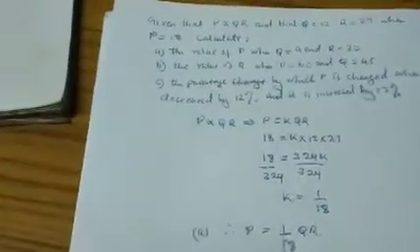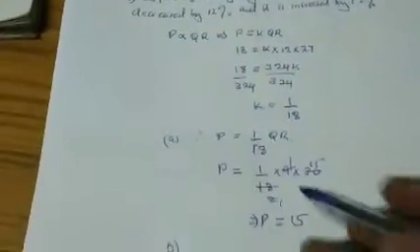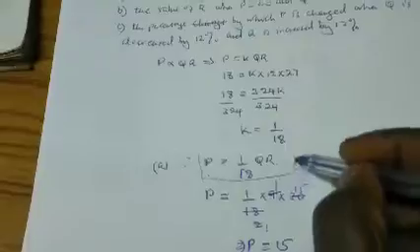Part B, what does it ask? The value of R when P is 60 and Q is 45. So from this equation here, we now make R the subject.